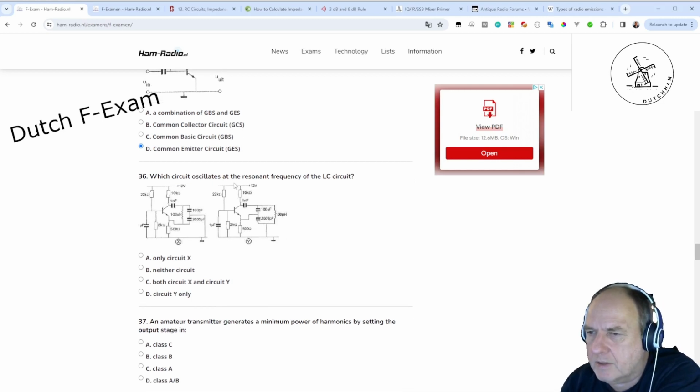Which circuit oscillates at the resonant frequency of the LC field circuit? Ooh.